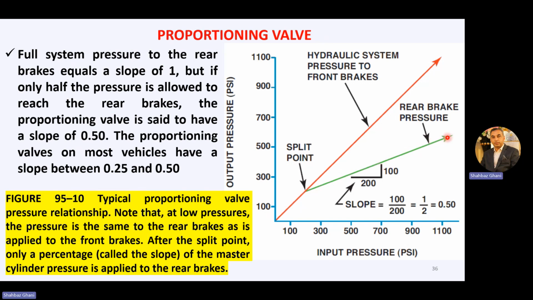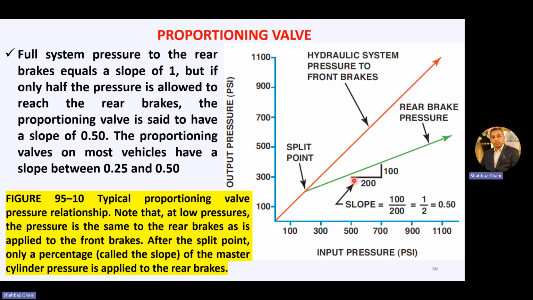We are applying the same input, but with the help of this proportioning valve, it splits at this point, somewhere here at 200 psi inlet pressure. The front brakes get the same pressure with the same ratio, but in the rear we have lesser pressure. So this is the split point where the pressure in the two systems differs.